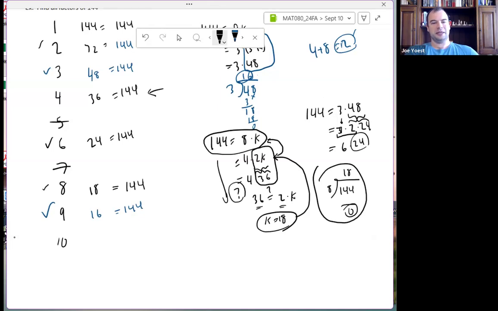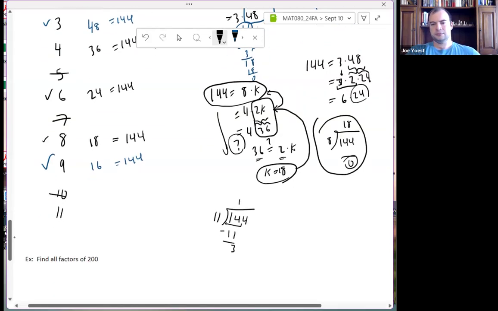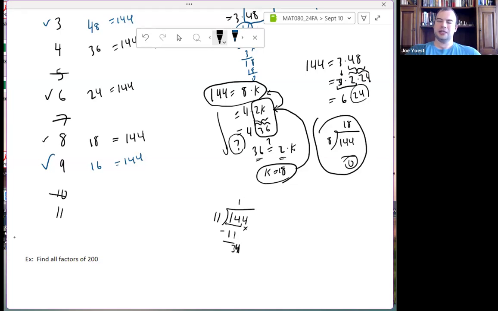Is 144 divisible by 10? It doesn't end in a 0, so no, it's not divisible by 10. 10 is not a factor of 144. What about 11? Let's check this one with long division. 11 goes into 14 one time, leaving me with 3 tens left over. 11 goes into 34 three times. 3 times 11 is 33, but not 4 times.